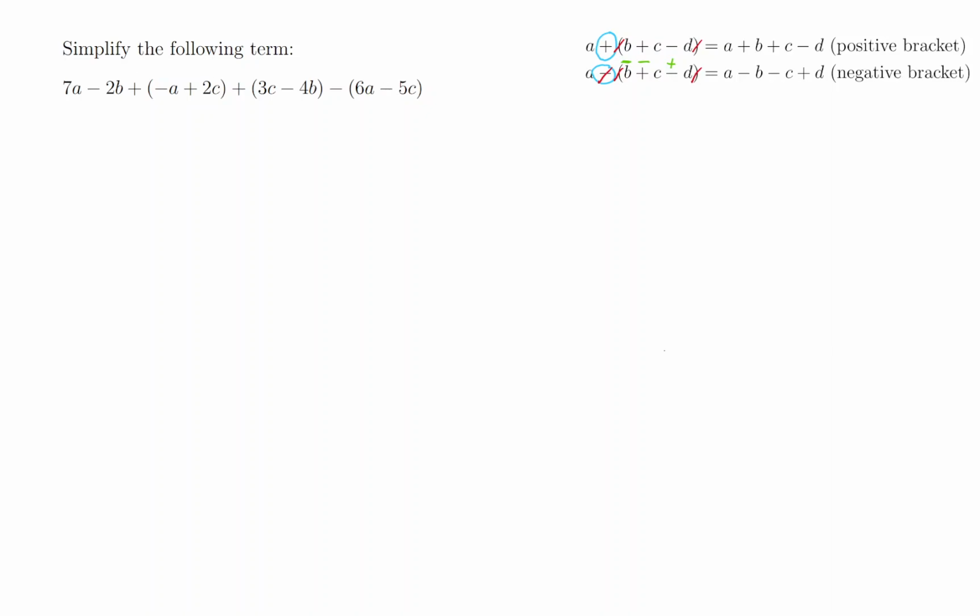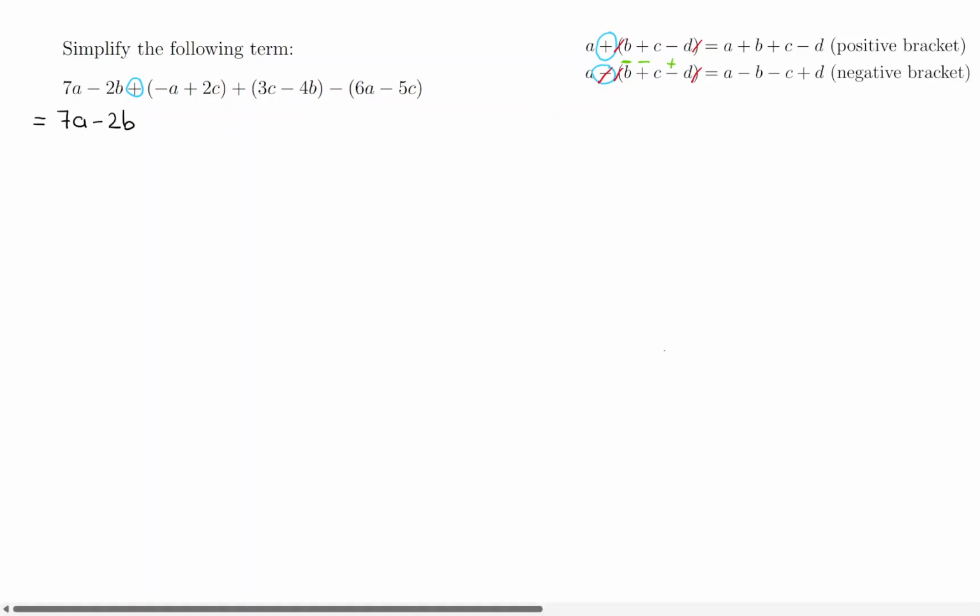And with that knowledge, we now go back into our exercise here. So we start. This line equals 2. The first expression, the 7a, there's no bracket, we can't do anything so far with it, so I just copy that, 7a. Same for the two b's. And then there comes our first bracket. So we have a plus sign in front of the bracket, so we have a positive bracket.